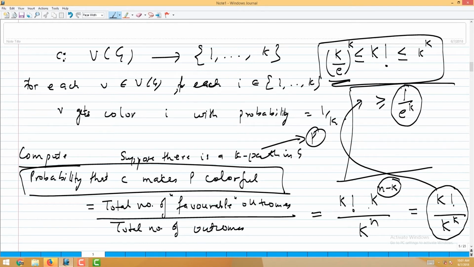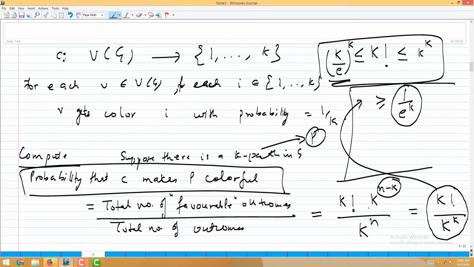If it outputs yes, it's always yes: if the colorful k path gives you a colorful k path, then you always have a k path. But if it outputs no, then it might be making some error, but it doesn't make that error a lot of times. With probability at least 1 by e power k, it would not have made that error even in the reverse direction, right?